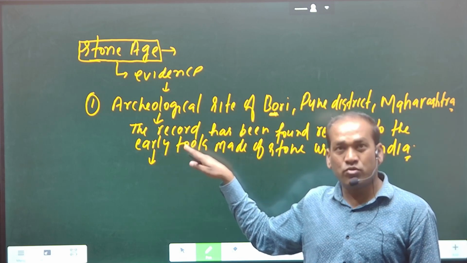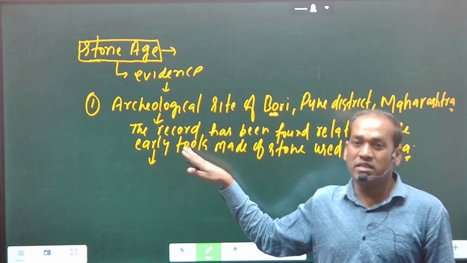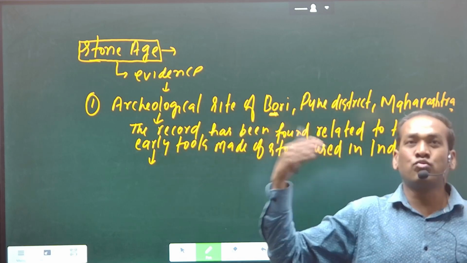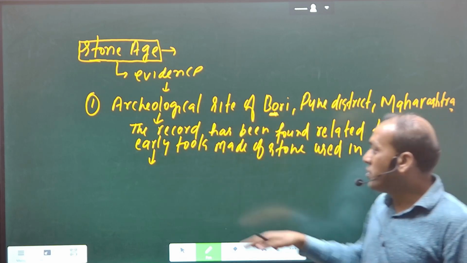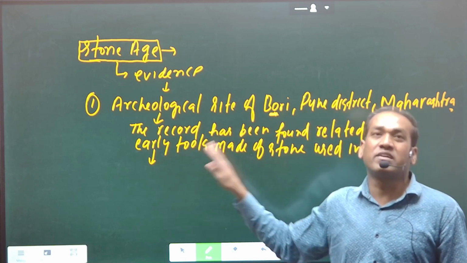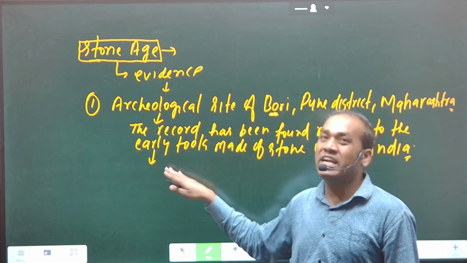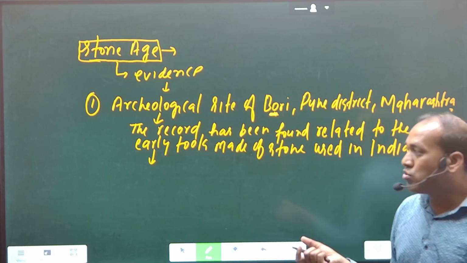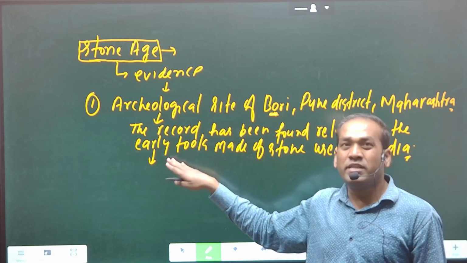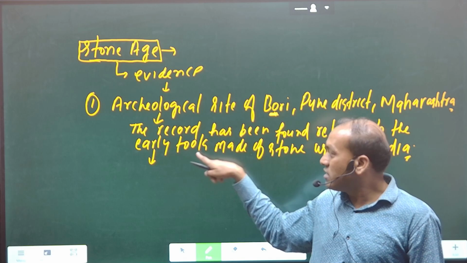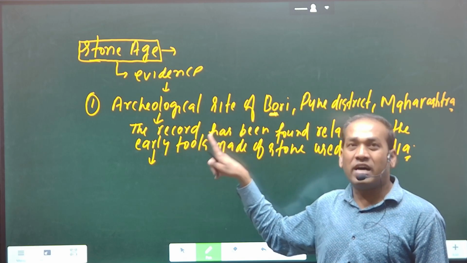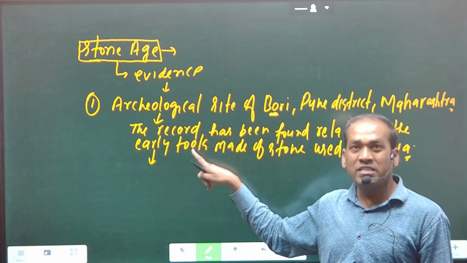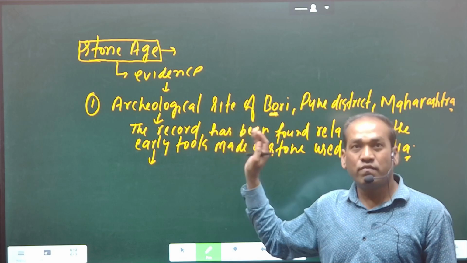People didn't know how to do agriculture. The people had no knowledge of cultivation. That is why the primitive man used these tools for hunting animals and gathering foods.